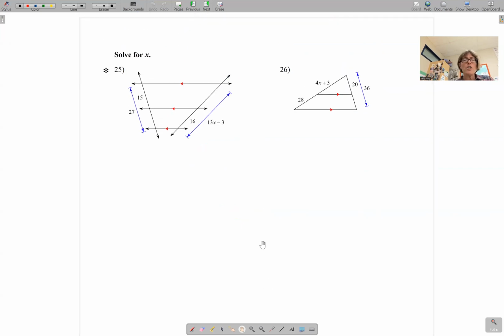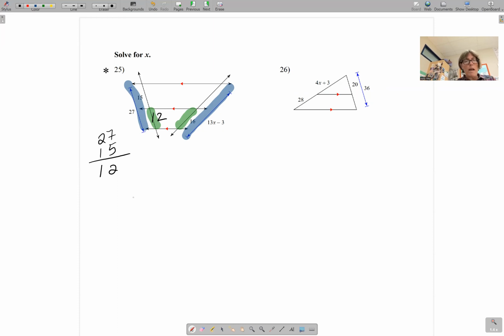Next one, you want to match and mirror. Match and mirror. So this is a whole side here. What matches there is going to be the 27. And then 16 will match with that segment that you don't have, but you can see 27 minus 15 gets you 12.